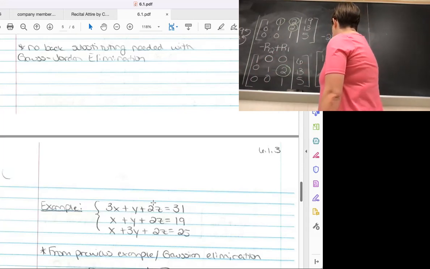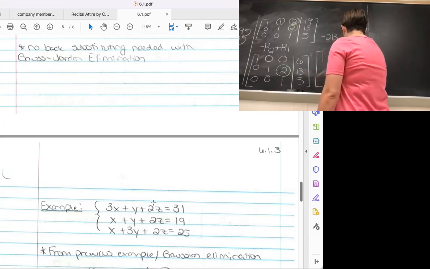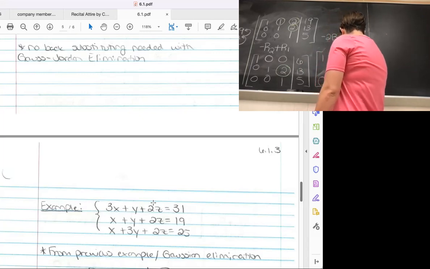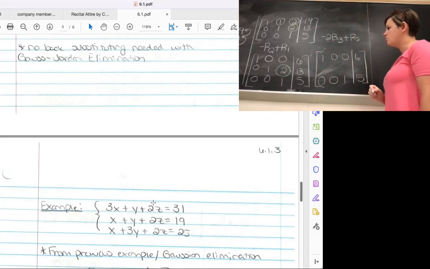So row 1 stays the same. Row 3 stays the same. Now I'm concentrating on row 2.